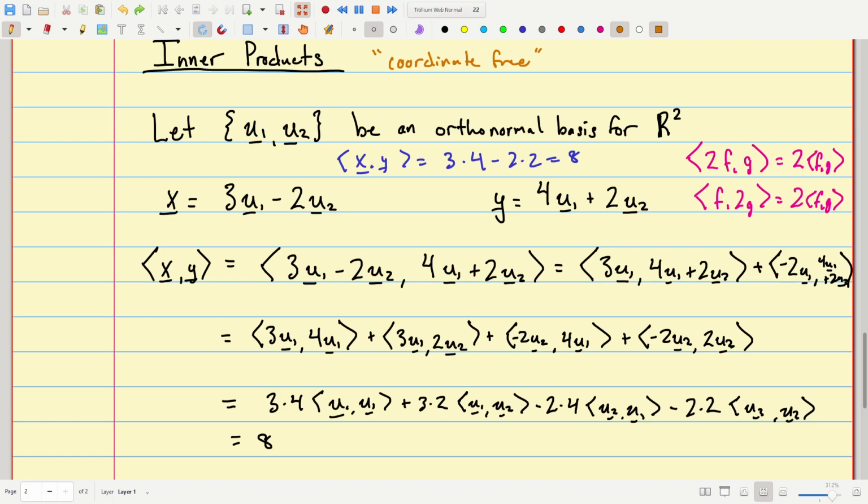Okay? And as we just saw in this example, inner products are very easy to compute for orthonormal bases, which is why we always, whenever possible, work with an orthonormal basis. And sometimes jump through a lot of extra hoops in order to force our bases to be orthonormal so that we have the most convenient version of arithmetic to work with in our environment.